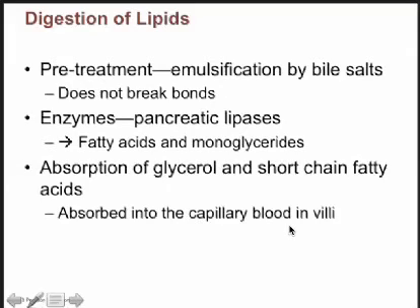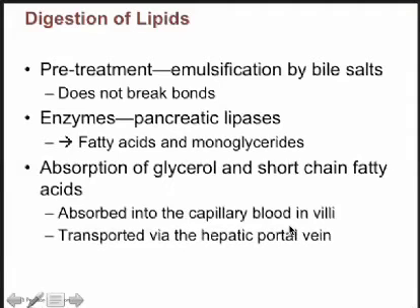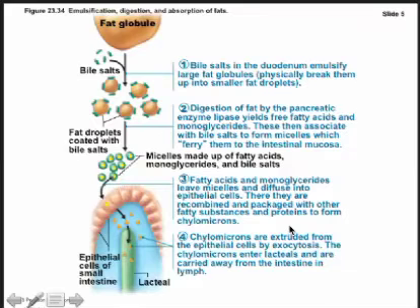They're absorbed into the capillary blood in the villi, and then they're transported via the hepatic portal vein directly into the liver.